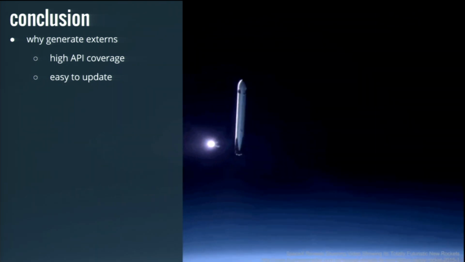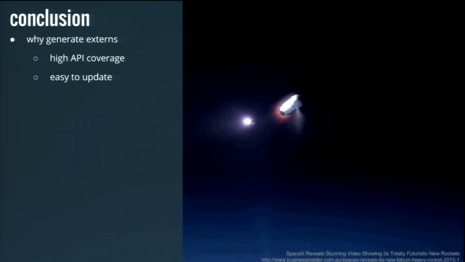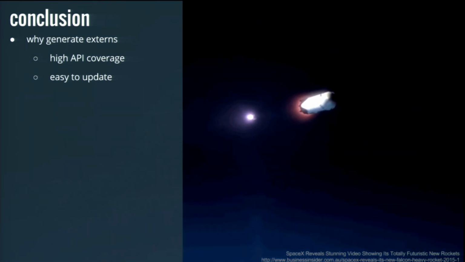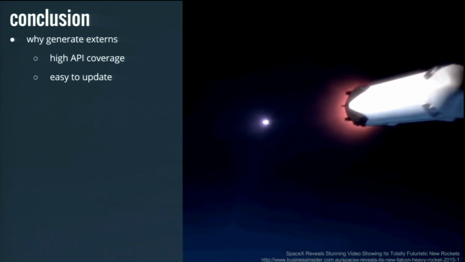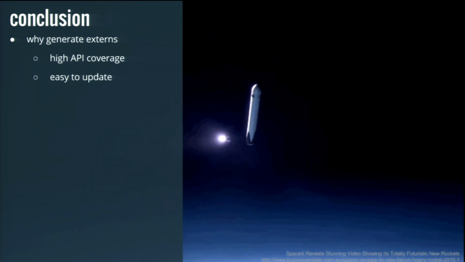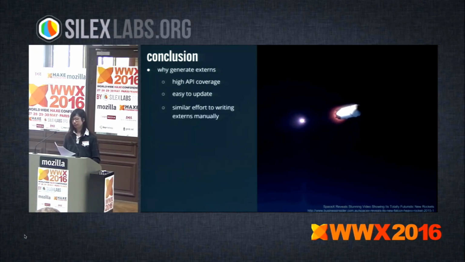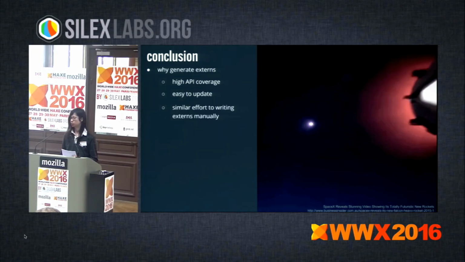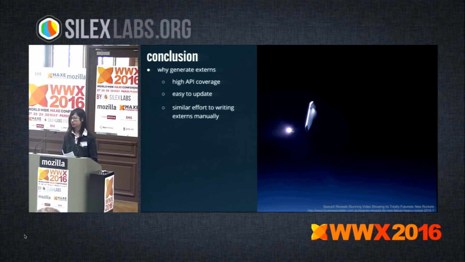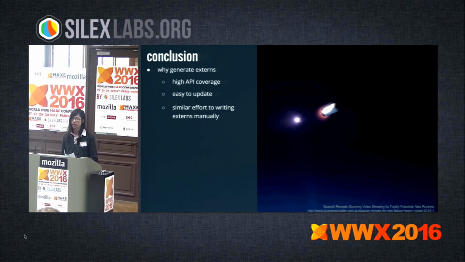We don't have to keep track of the change. We don't have to look at the change log, and you know, library authors seldom have a very accurate change log whatsoever. And it's not difficult to do so. The effort is kind of similar to writing the extern manually.